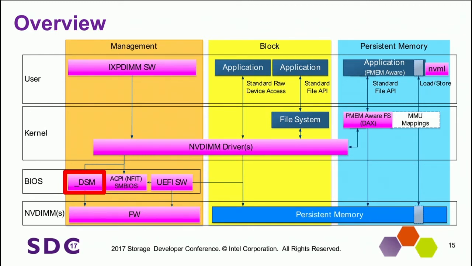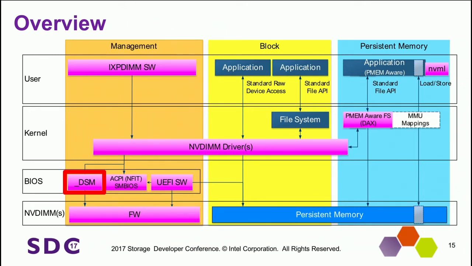A DSM is an ACPI control method that provides a device-specific function that is consumed by a device driver. The DSM interface is available after handoff to the boot device services in UEFI. And it basically looks like this.